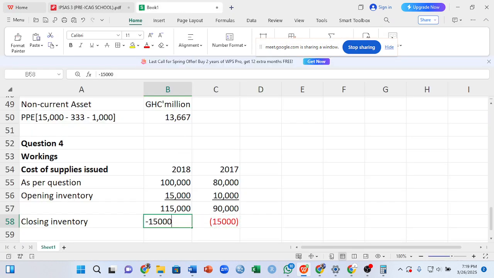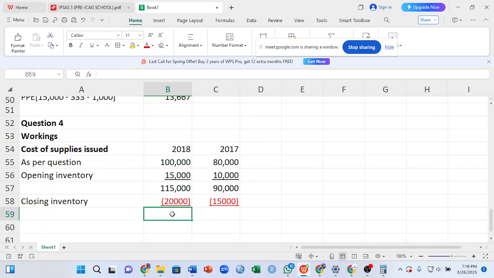So less 20,000. Then we'll subtract for each case. So let's subtract them respectively. And what will you get? 95,000, 75,000.